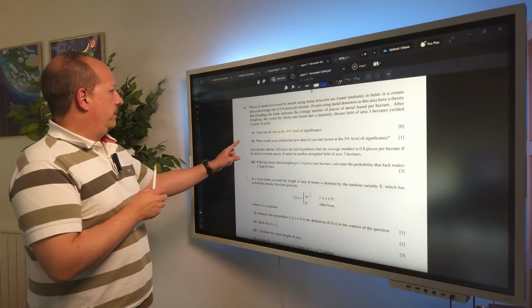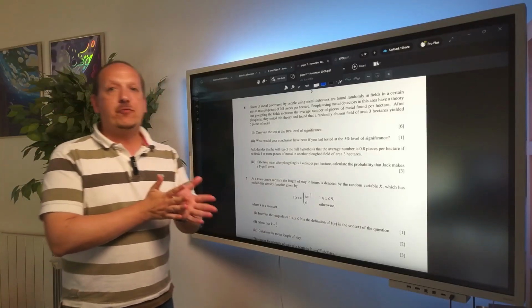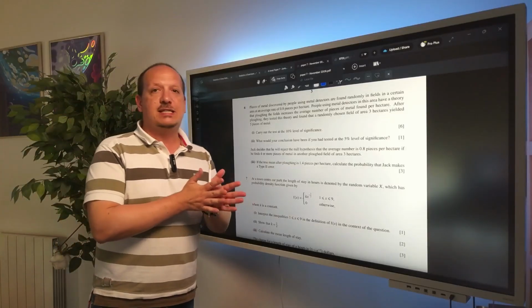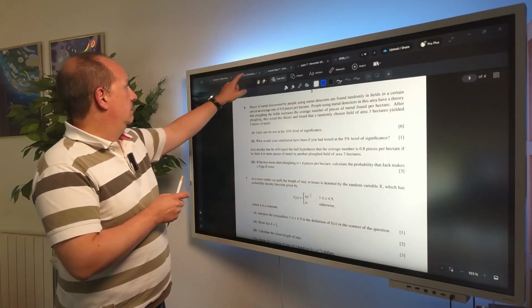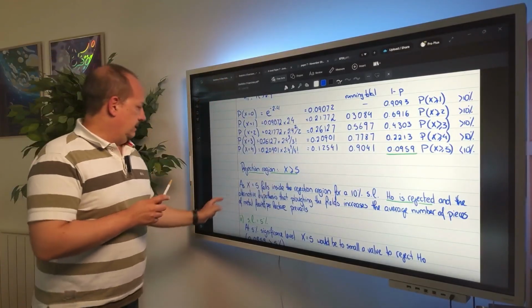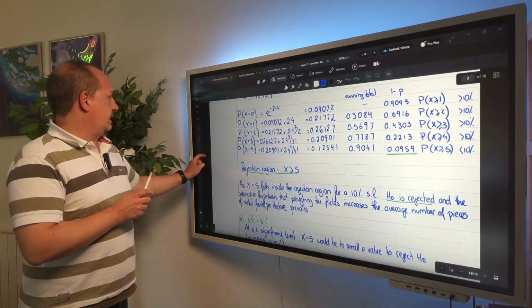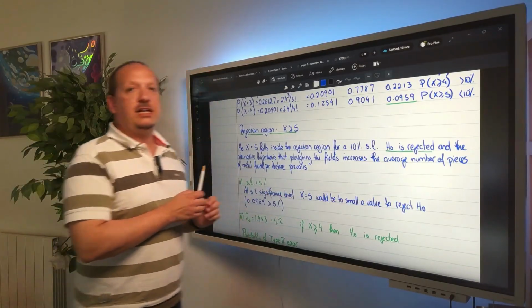Where am I? What would your conclusion have been if you had tested at the 5% significance level instead? Okay, at the 5% significance level, X equals 5 would be too small a value to reject H0.